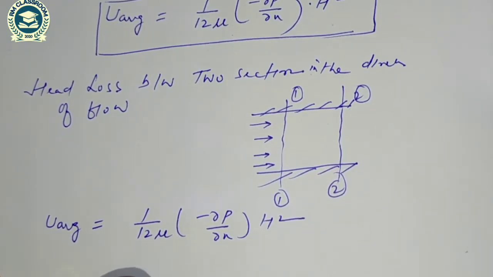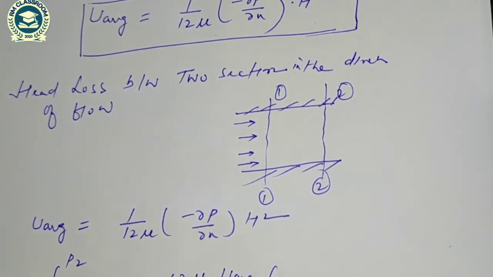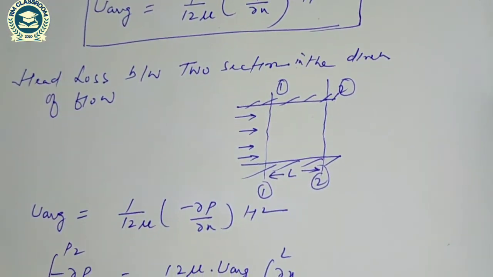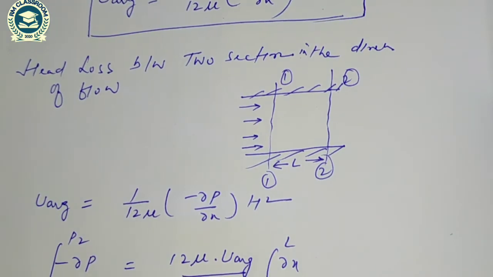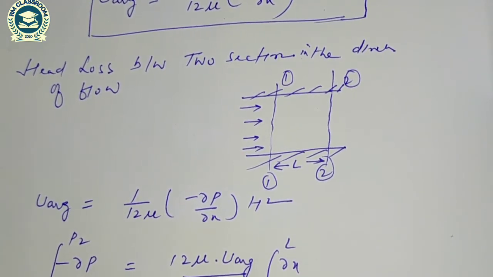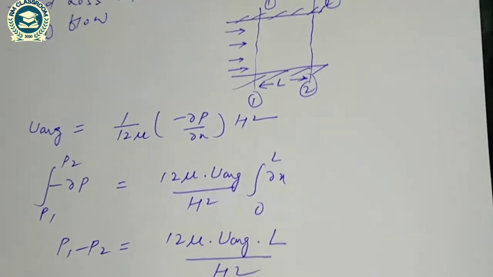or we can write minus del p integral from p1 to p2 is equal to 12 mu into u average divided by h square, del x running from 0 to L, if this distance is L. So we can write P1 minus P2 is equal to 12 mu into u average into L divided by h square.